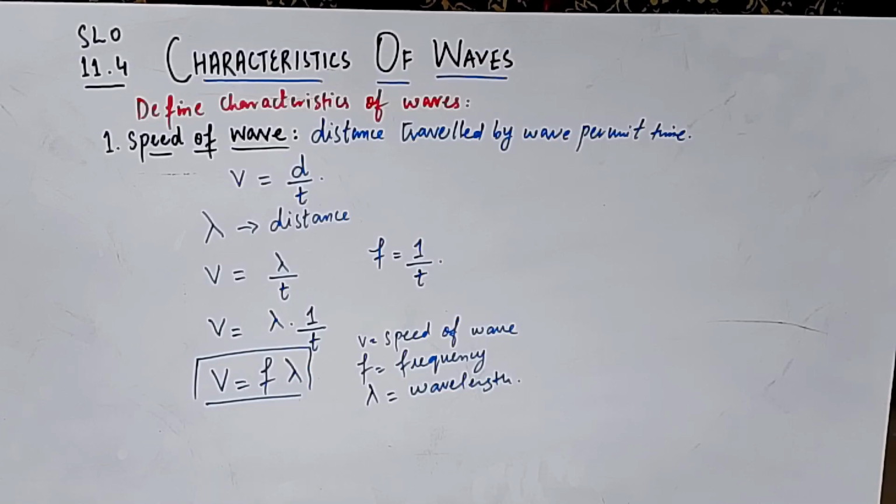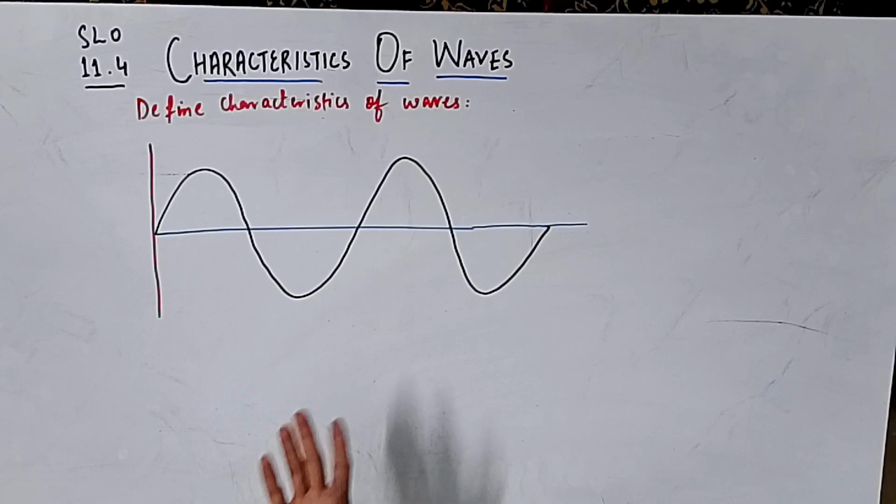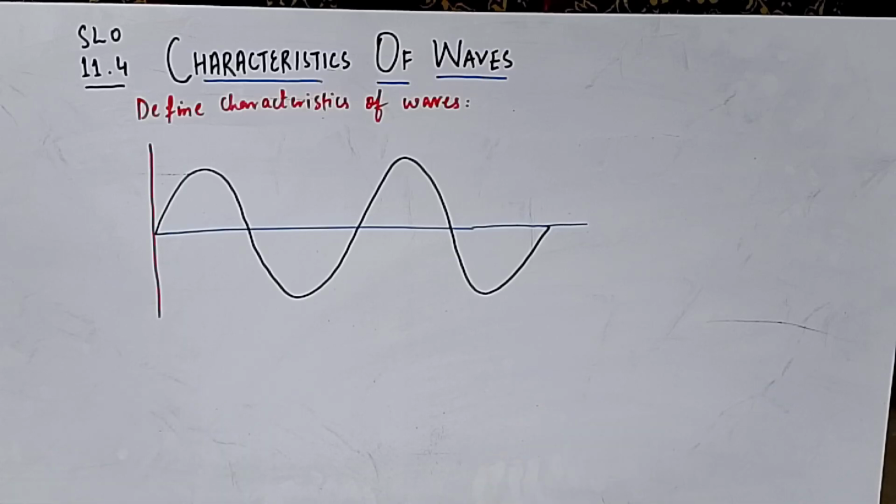So this is how we can define the speed of wave, and this is how we can derive the concept of this equation. Now our next characteristic is wavelength. Does anyone know about wavelength, or the distance covered by a wave? From which point to which point do we measure the length of the wave? Let's see. If you look at this graphical representation of a wave, it is not necessary that every time the wave will look like this, but by taking this example we will understand some of the characteristics of wave.